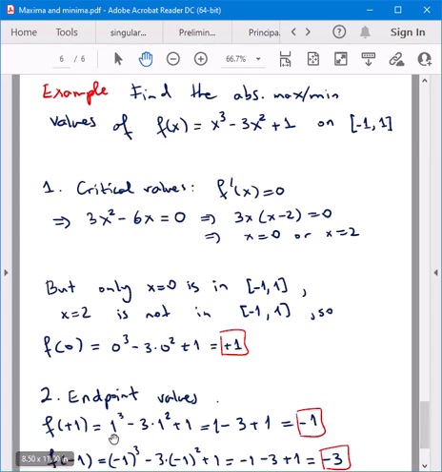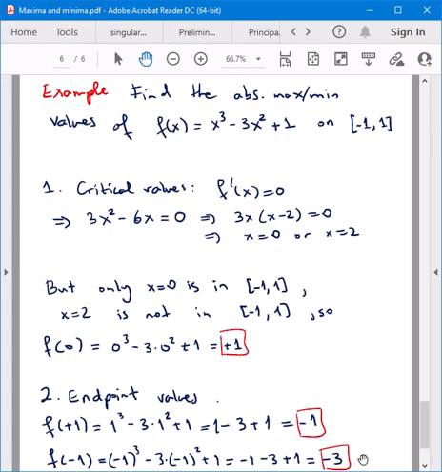Put them into the function. If you plug in plus 1, we have 1 cubed minus 3 times 1 squared plus 1. So 1 minus 3 plus 1, which is minus 1. And then plug minus 1 into the function. We have minus 1 cubed minus 3 times minus 1 squared plus 1, which gives minus 1 minus 3 plus 1. That gives minus 3.